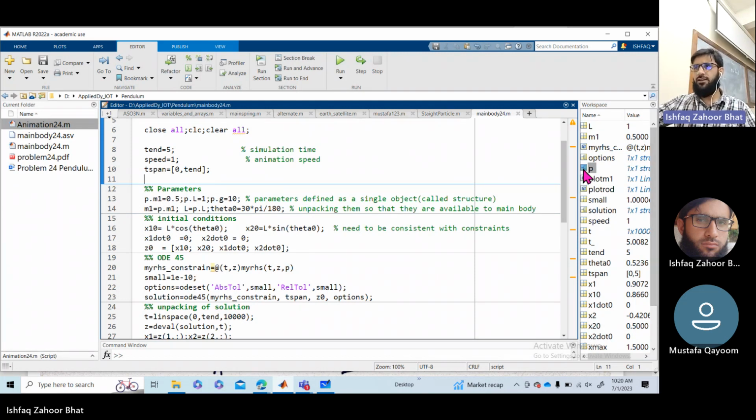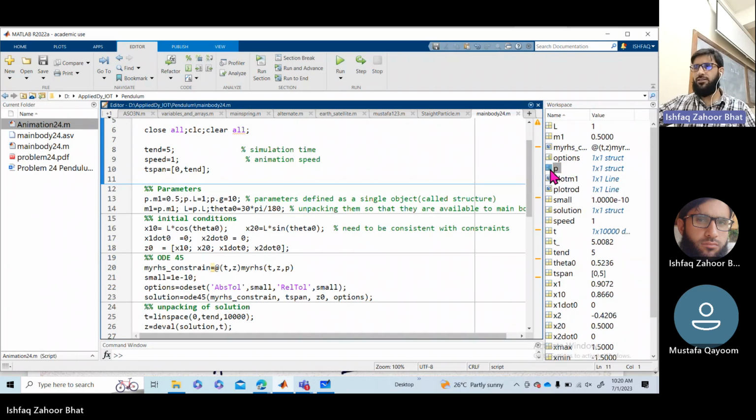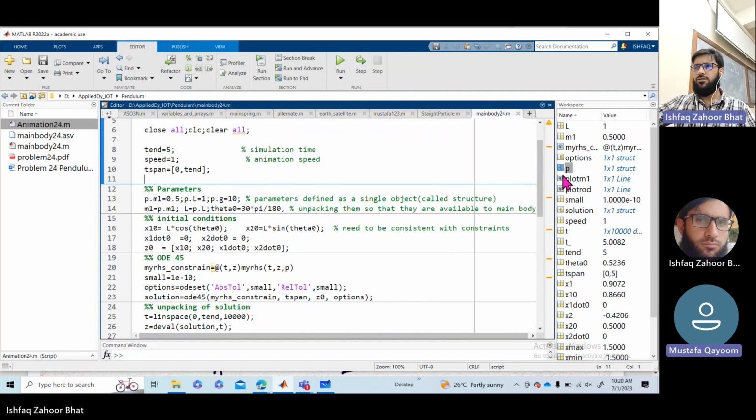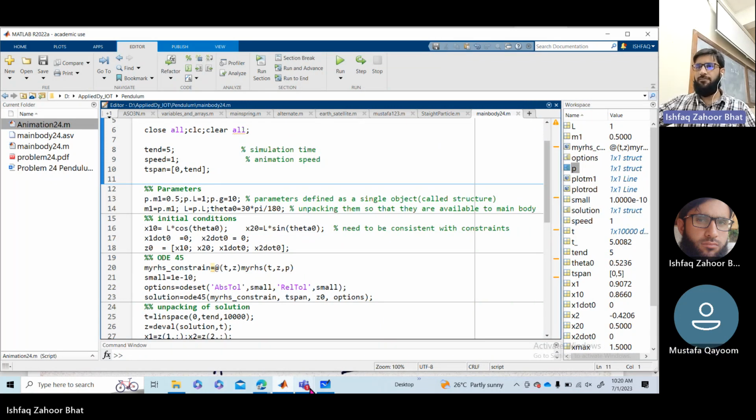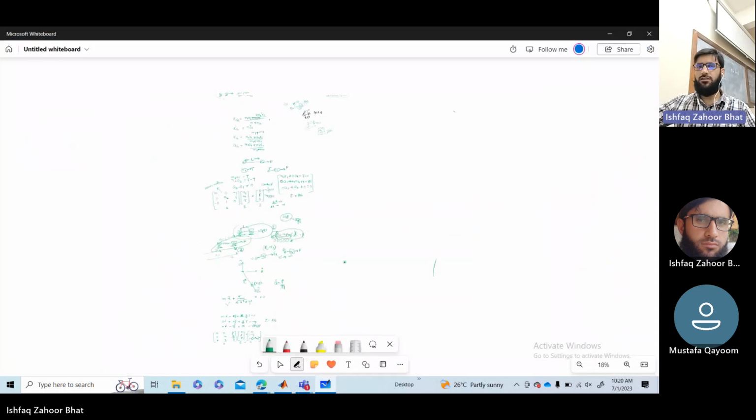So you can see here in the workspace, there is a particular symbol for a structure when you define it. Basically there is a tree.